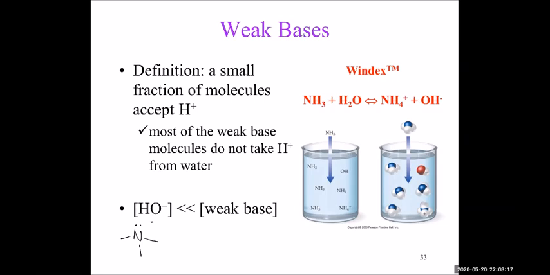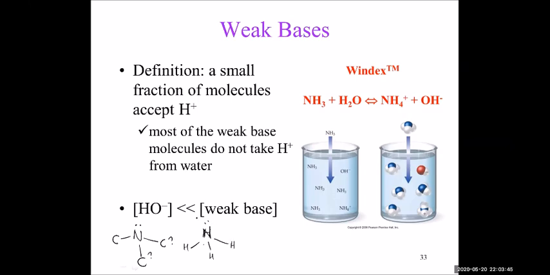Those nitrogen atoms in organic compounds are linked with at least one carbon, maybe more carbon. This kind of structure has a nitrogen that behaves like ammonia. So they behave very similarly.